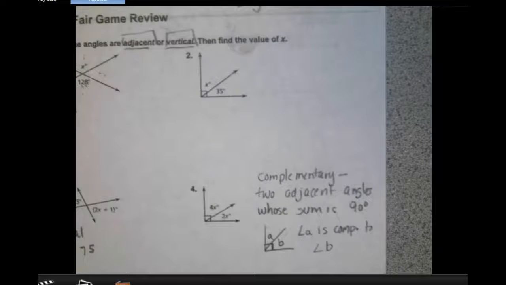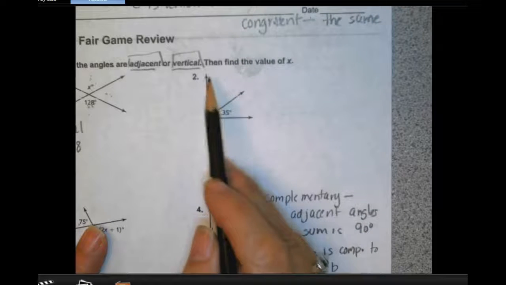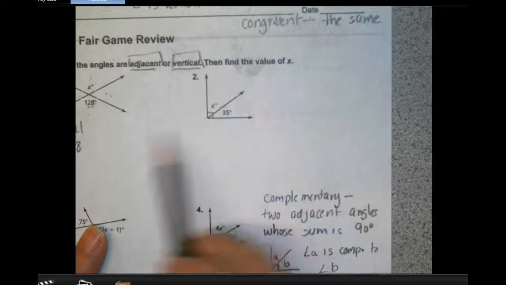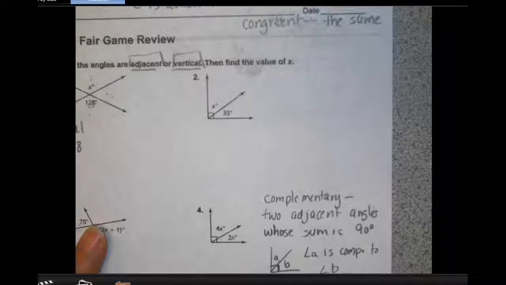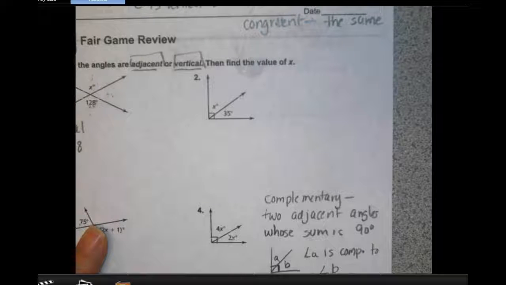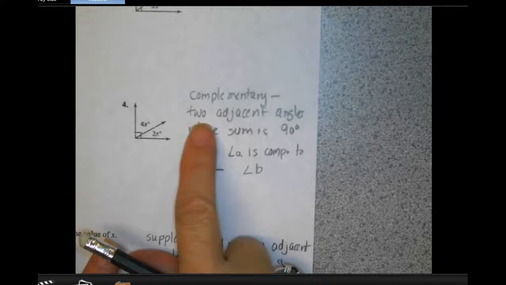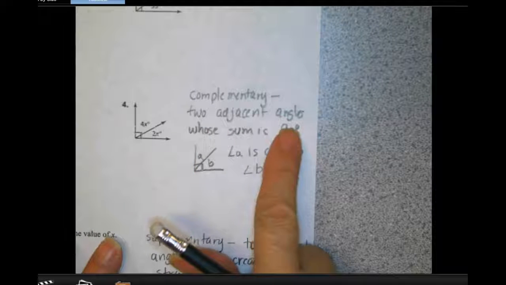All right, so let's look at number 2. What kind of angles are these going to be? Does it create a straight line or a right angle? So are they supplementary or complementary? These are going to be complementary. Okay, so we talked about complementary angles being 2 adjacent angles, right?